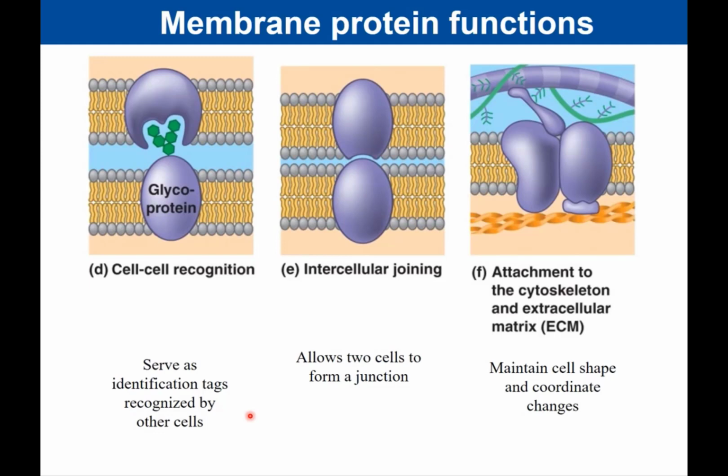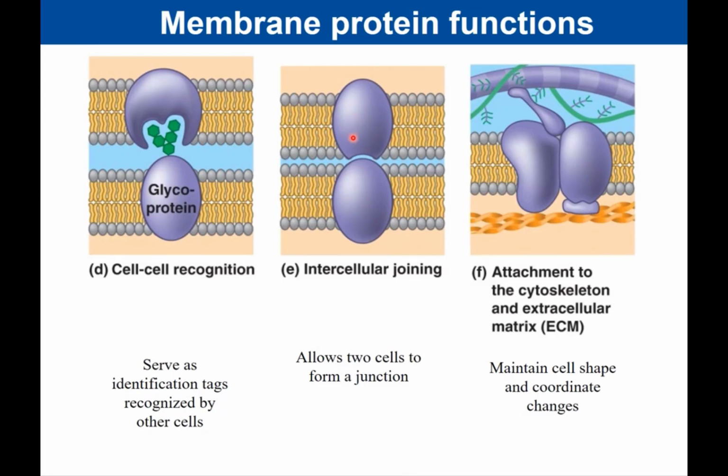It recognized that those cells were self and that not to engulf its own red blood cells. However, it did recognize a signaling molecule on the bacteria, and when it came to the bacteria, you'll remember that it engulfed and it took in that bacteria. And so there are these proteins, typically glycoproteins, that help with cell-cell recognition.